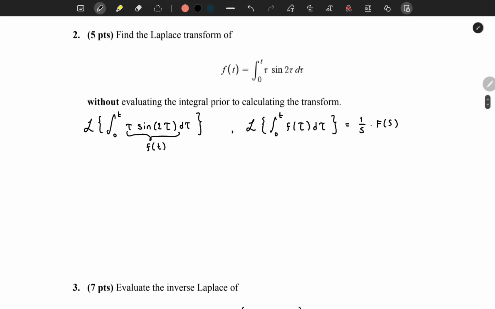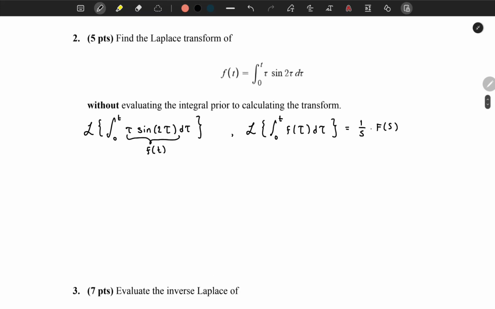So let's go ahead and do that. We want to find the Laplace of f of t, which will give us capital F of s. So then, if this is f of t, let's go ahead and try to find the Laplace of f of t.